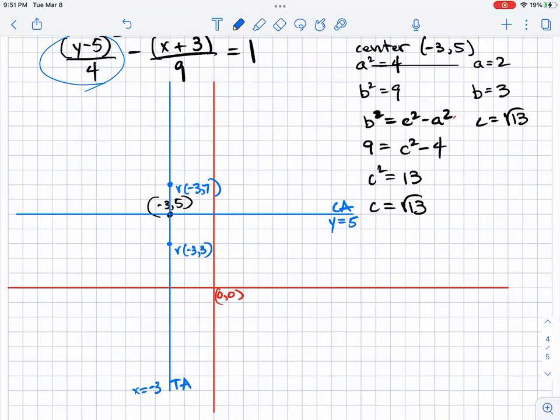So from the center, I go up 1, 2, 3, and a little bit. And so that's going to be at -3, 5 plus square root 13. From the center, I go down 1, 2, 3, and a little bit. So that puts my second focus at -3 and then 5 minus square root 13.